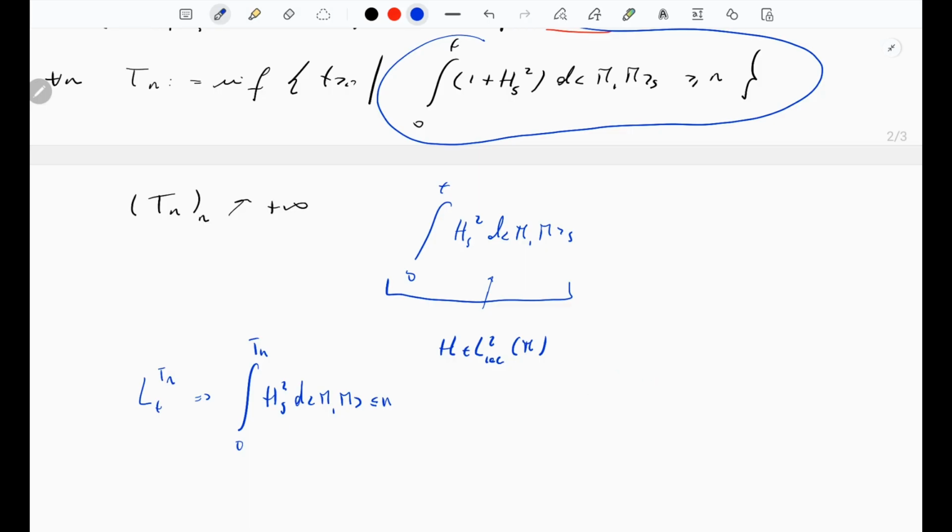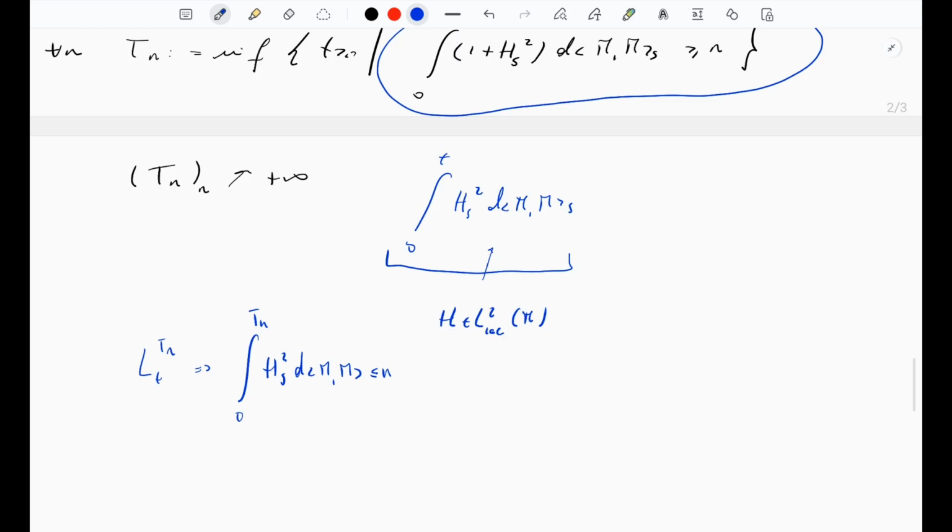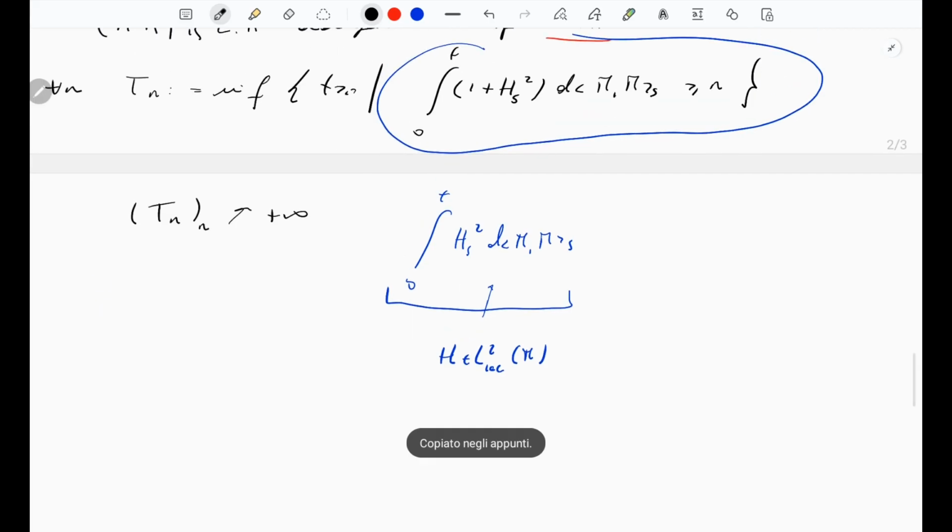So when you stop it, you are at n or below it. It's the first time you actually touch n, basically. Hope that makes sense. That's again part of stochastic processes when you work with stopping times.